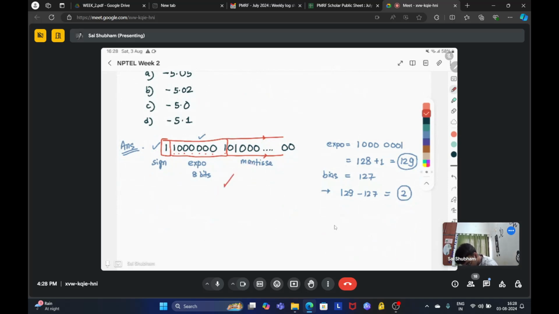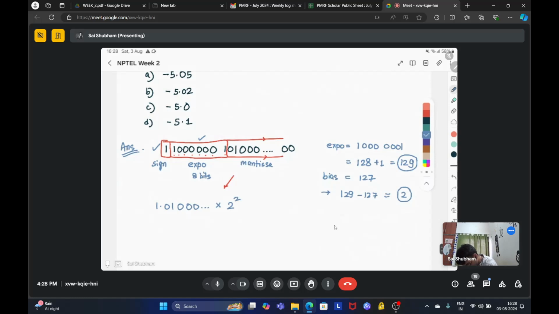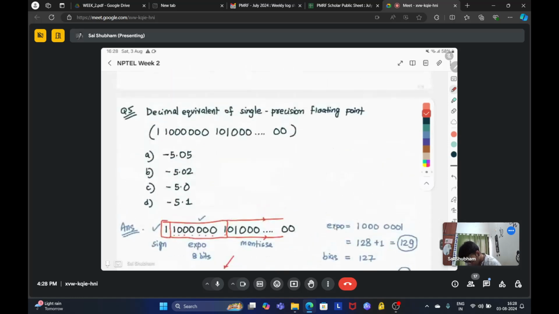Now we have this mantissa, which looks something like 1.01000, multiplied by 2 power 2. Okay, so this is equal to 101, which is 5, and we have sign equal to 1, therefore it is negative. So the answer is -5, option C. Okay, so next question.